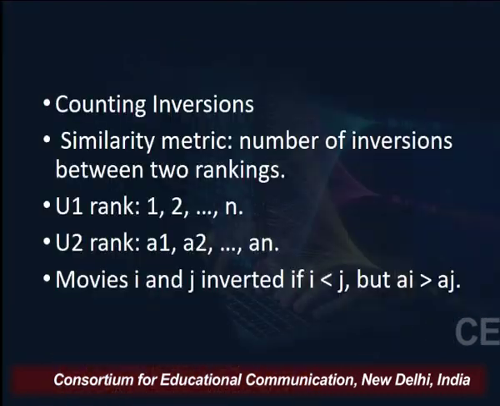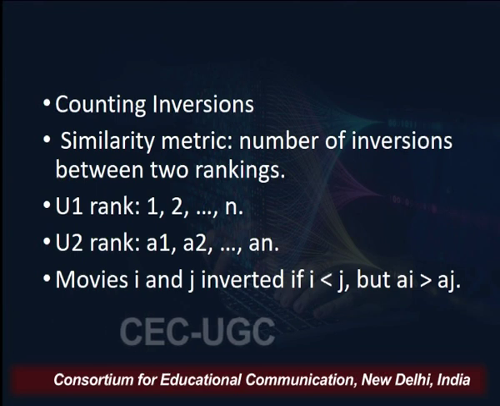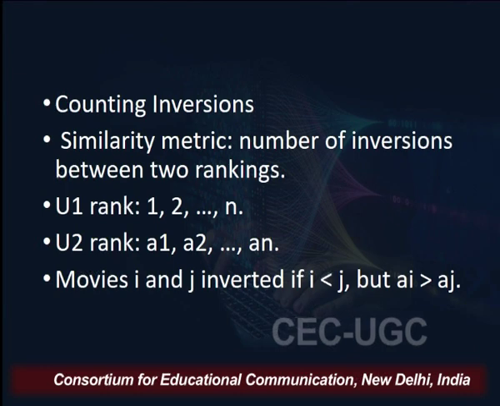Now going on to other applications of divide and conquer, one thing which we are going to study today is counting inversions. In order to understand this problem of counting inversions, let us take an example of a similarity matrix.